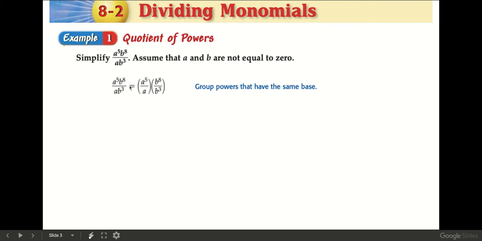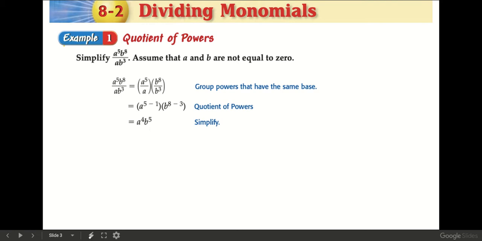Remember that a is a to the 1st power. Same base, so I can subtract their exponents, and the same over here, b to the 8th over b to the 3rd. I use that quotient of powers rule: 5 minus 1 and 8 minus 3. That leaves me with a to the 4th power and b to the 5th power.